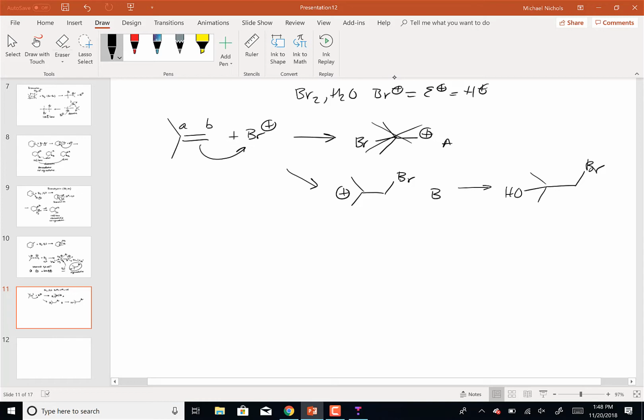And most of the time, Markovnikov addition occurs why? To form the most stable carbocation intermediate. Although I'm getting burned by that right now because we're looking at a reaction where it's going against the rules.